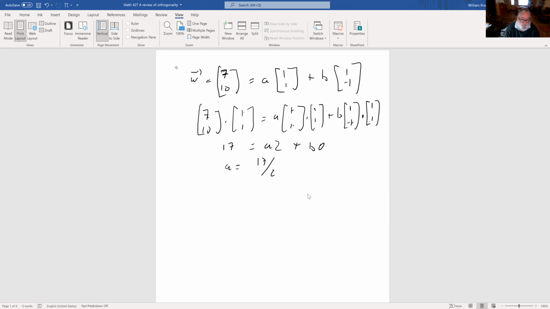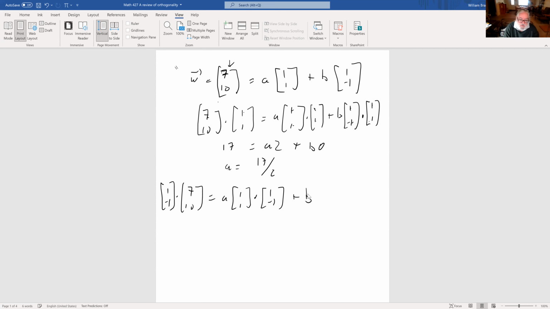Likewise, what's B? We take this equation now and we take the dot product with 1, minus 1. We get 7, 10 dot 1, minus 1 equals A times 1, 1 dot 1, minus 1 plus B times 1, minus 1 dot 1, minus 1.